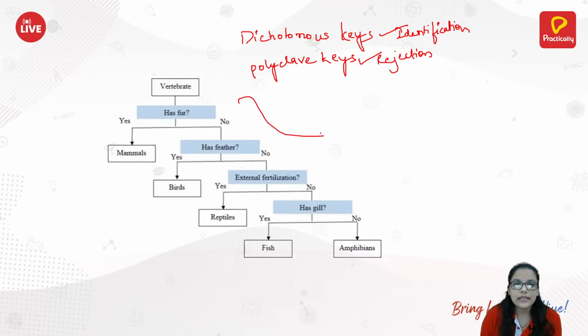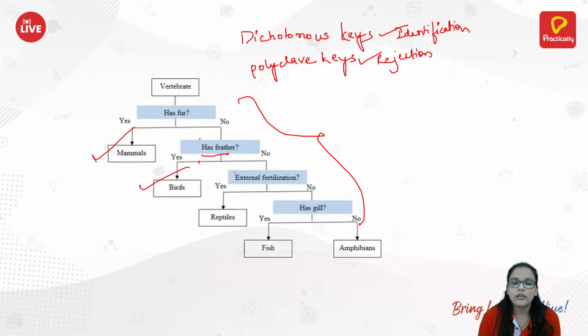Now this is just an example of a dichotomous key. Suppose you go into a park and you see a vertebrate, something which has a spinal cord. Does it have fur? Yes, then it's a mammal. No, then we go again. Does it have feathers? Yes, then it's a bird.